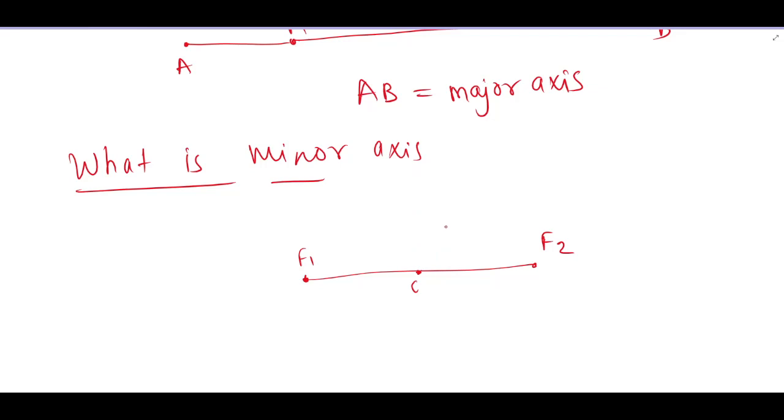So this AB, which is through F1 and F2, is the major axis, and a line segment through the center which is perpendicular to the major axis, at 90 degrees, we call this C and D. Endpoints are C and D, so this is the minor axis.